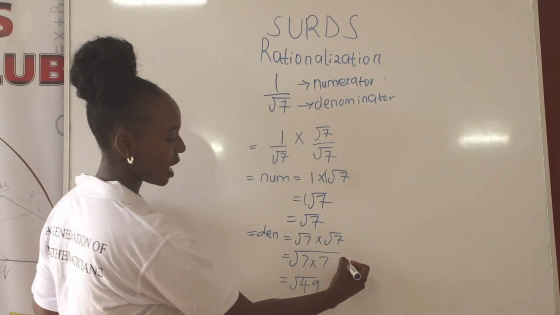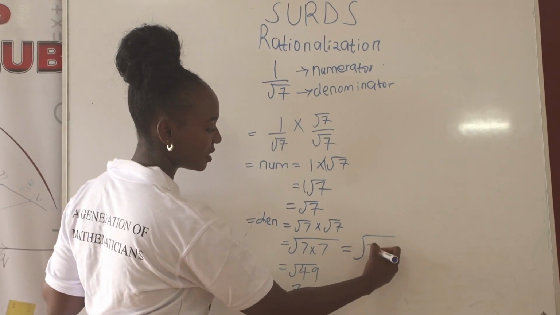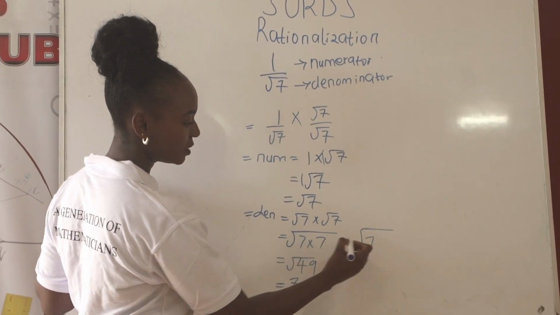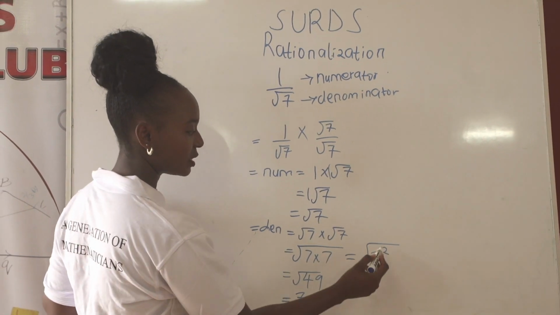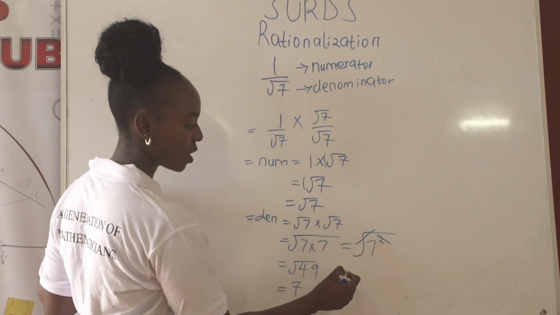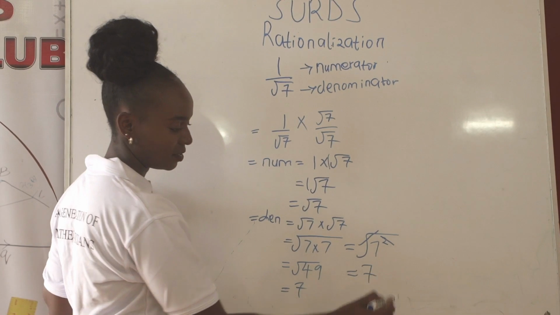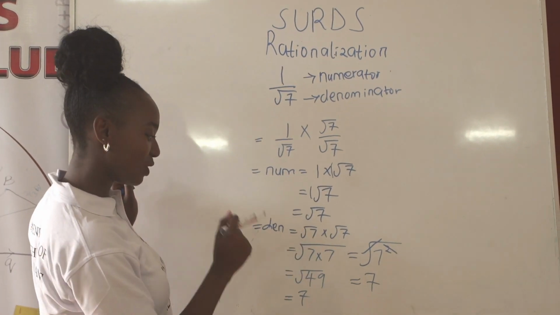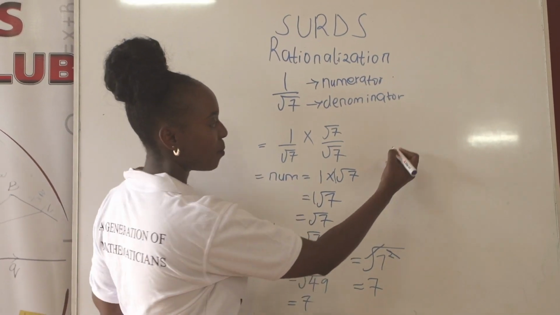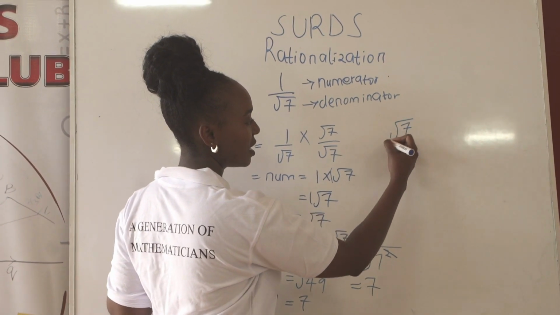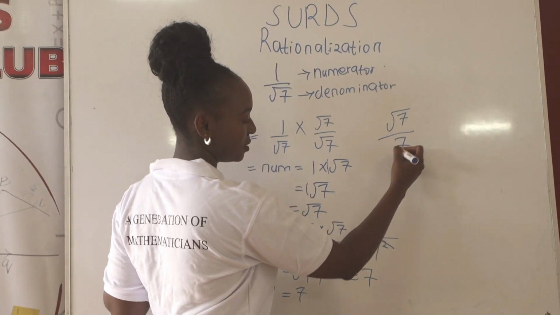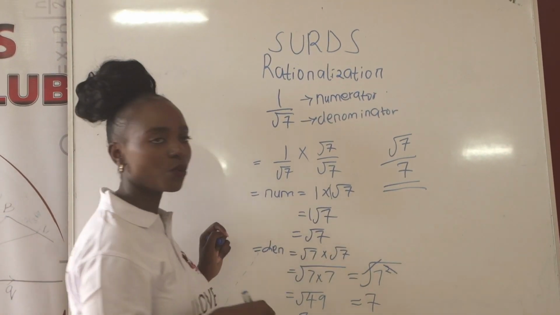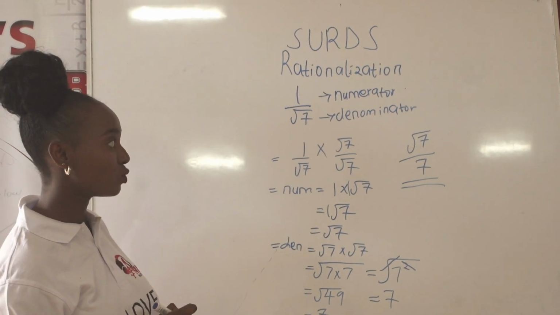It's the same as I would have said here, root of 7 is the same as 7 to the power of a half, so the square will cancel with the square root, and your answer is still 7. So the denominator is 7. You combine, the numerator is root of 7, the denominator is 7. So that becomes your solution.